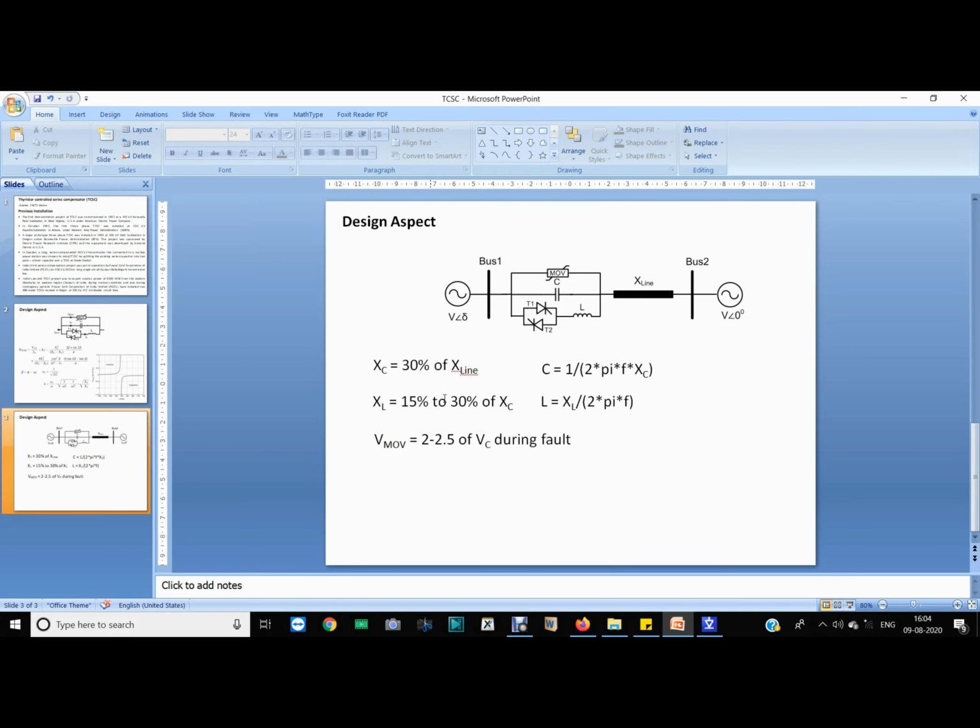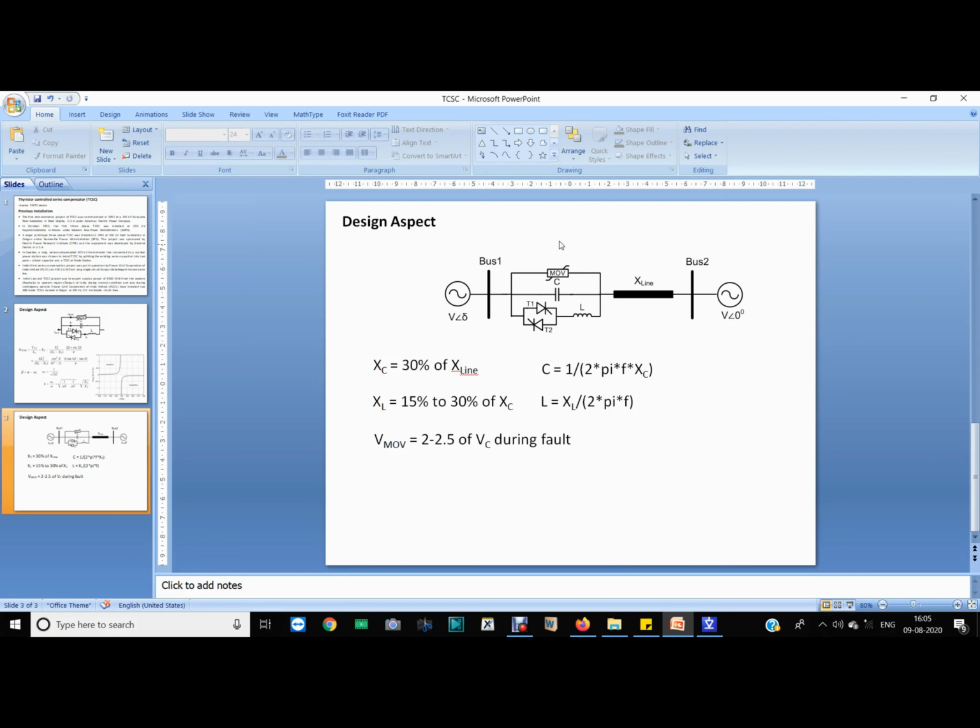So take any value from 15 to 30%. Then we can find XL, and L can be found from this well-known formula as well. So we'll get the value of C and L.